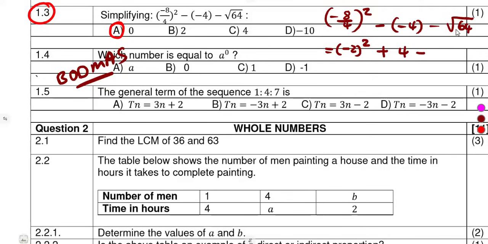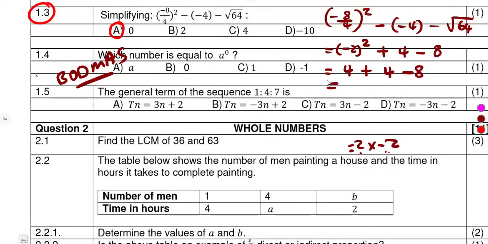It's very true, guys. We are focusing on the brackets, but as we have that square root of 64, we can even evaluate that one. We know the square root of 64 is 8. Or you can even use our calculator to simplify that. So minus 2 squared is simply minus 2 times minus 2. Negative, negative, that's a positive. So 2 times 2 is 4, plus 4, minus 8.